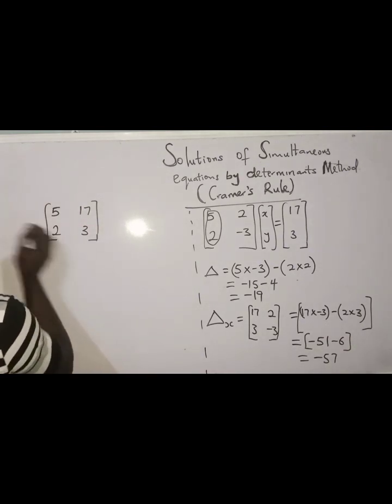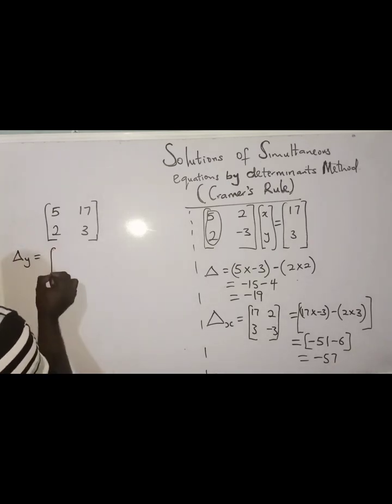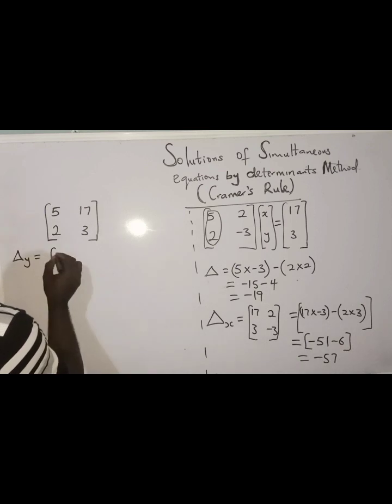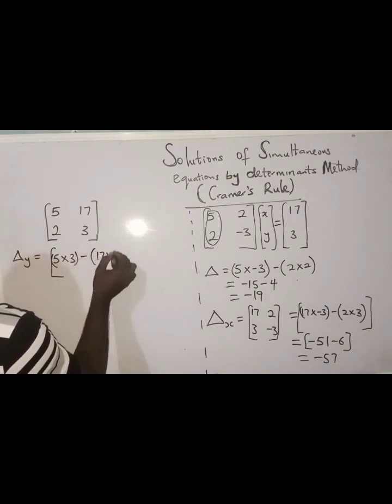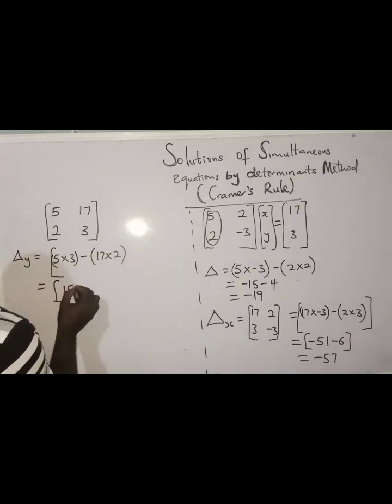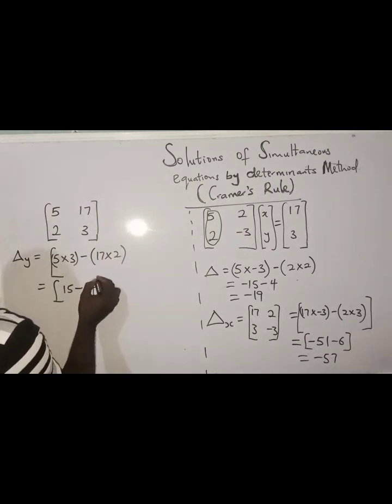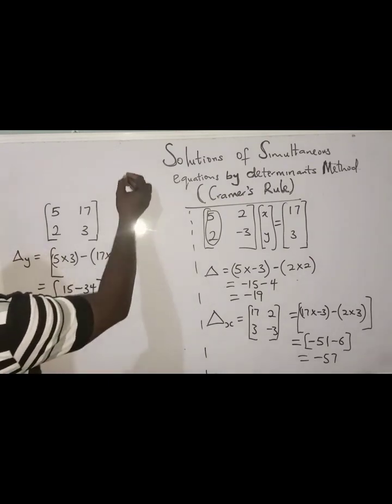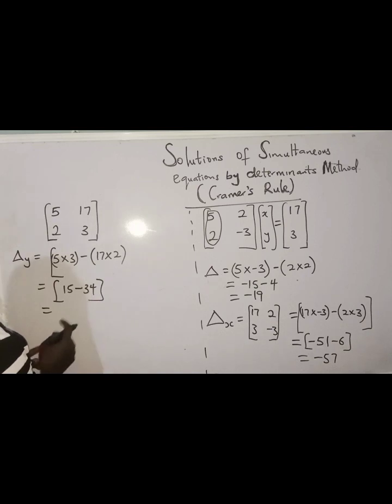So the determinant of y will be equal to 5 times 3 minus 17 times 2. This is going to give me 15 minus 34, and that's going to give me minus 19, since it is 15 minus 34.